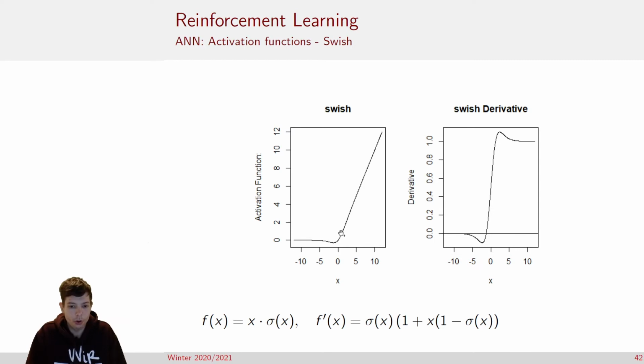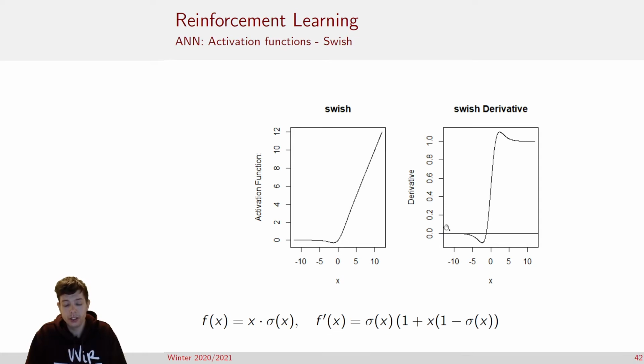It has a small negative part down here, and then the function is basically just linear, which gives it a nice, smooth shape. So we have a derivative everywhere. We have no kinks in the derivative, which is a very good thing to have.